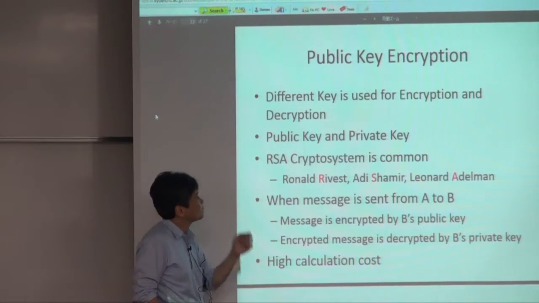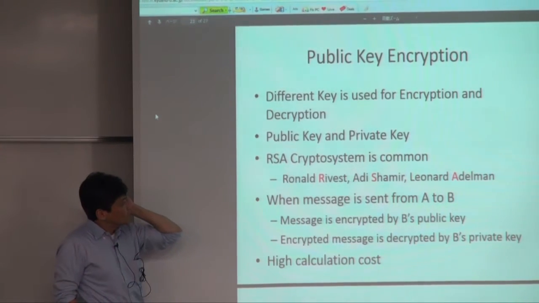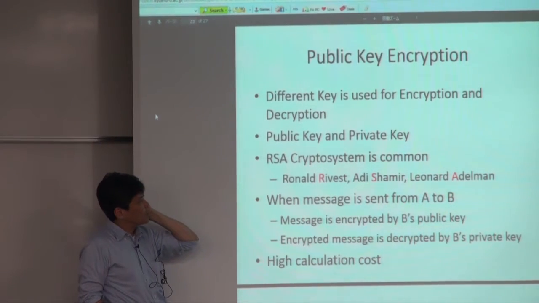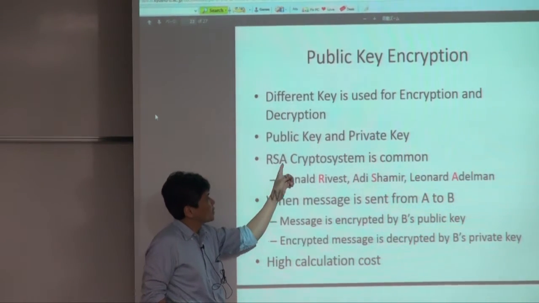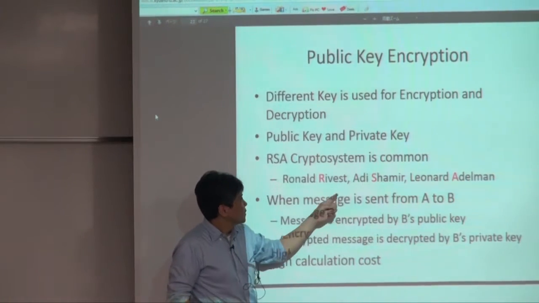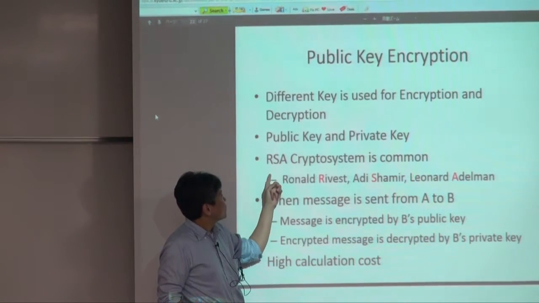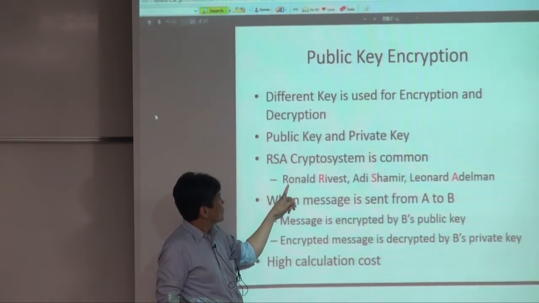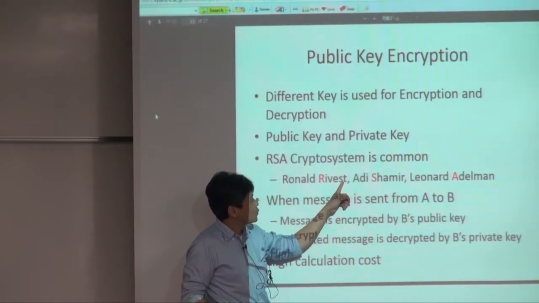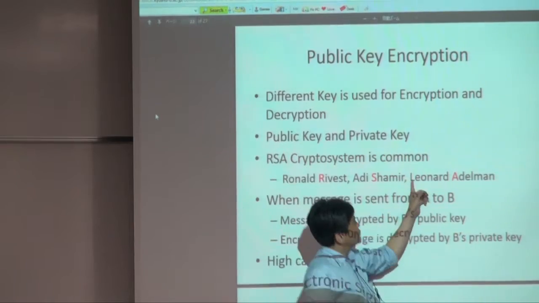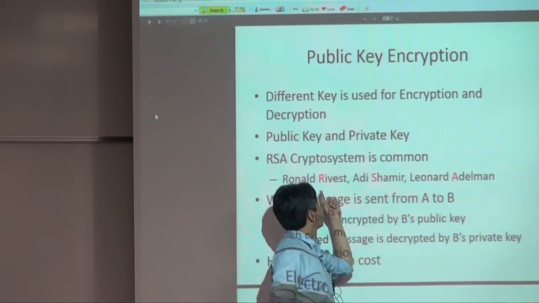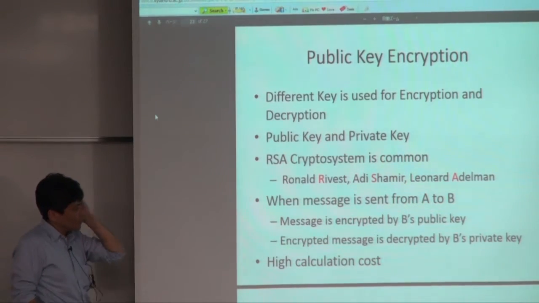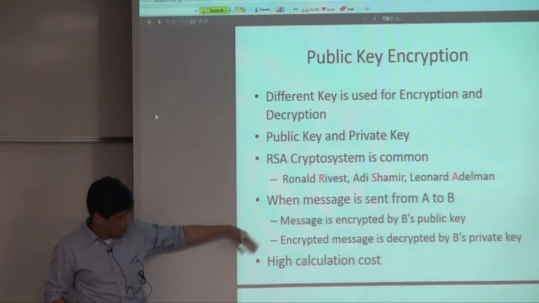Okay? So the common, very popular algorithm is the RSA crypto system. This is a combination of the researchers' names: Rivest, Shamir, Adleman, RSA. Okay? So this is already explained.